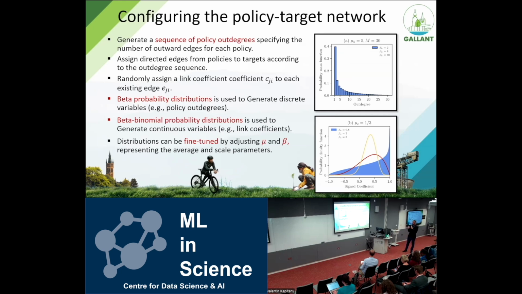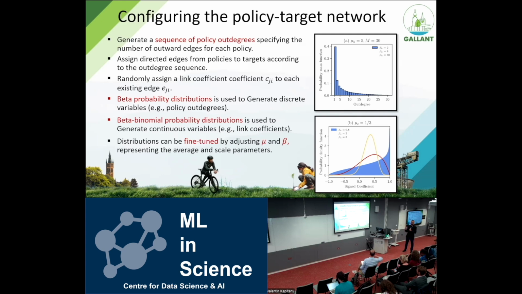So to configure our policy target network, we start by generating an array of policy outdegrees, which represent the directed edges from policies to targets. And then for each edge, we randomly assign a link coefficient, which is also generated from a random variable.